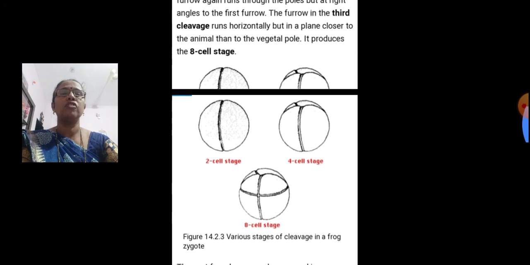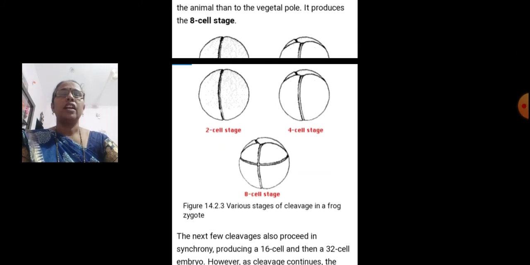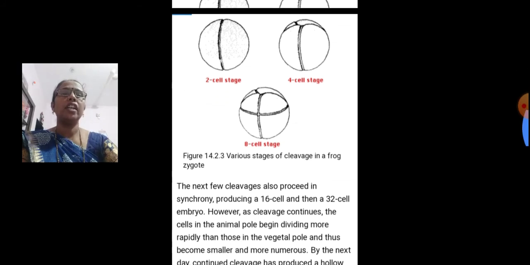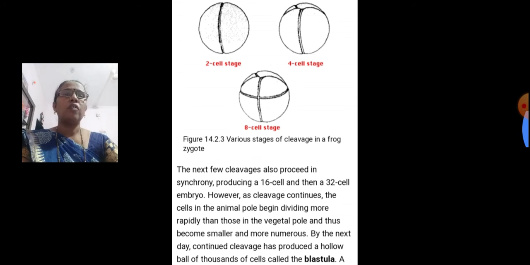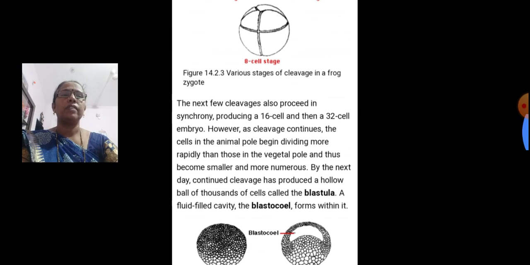Thus in the figure we see that the first cleavage forms the 2-cell stage, the second cleavage forms the 4-cell stage, and the third forms the 8-cell stage. The figure indicates various stages of cleavage in the frog zygote.